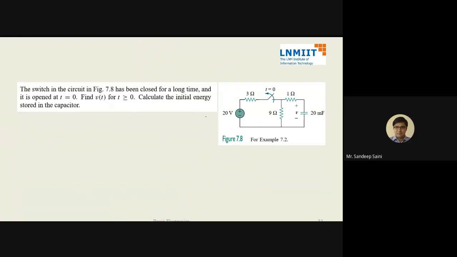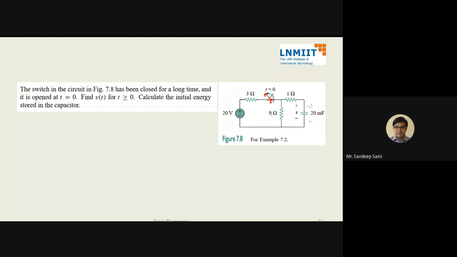Now we have this circuit. There is this figure given to us, and there is a switch. This switch is initially closed for a very long time, and at t equal to 0 we will open this switch. Tell us what is the value of Vt at any given time.